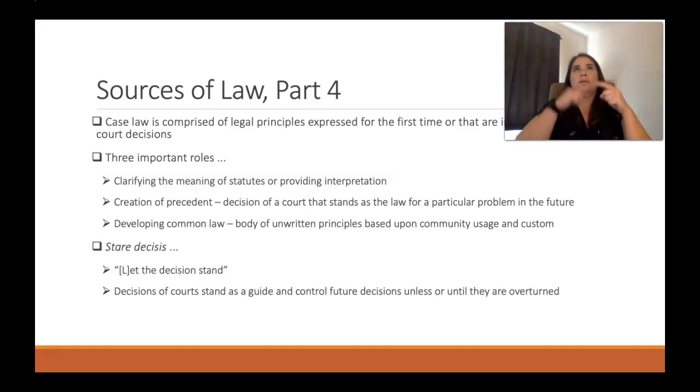More often than not, judges don't get to be wrong, because other judges say, maybe I would have made that same choice. The decisions of our courts stand for as long as they are good law. So until they're overturned by a different court under a different situation, that's the law.